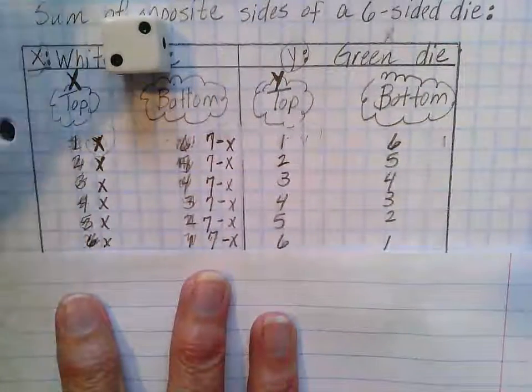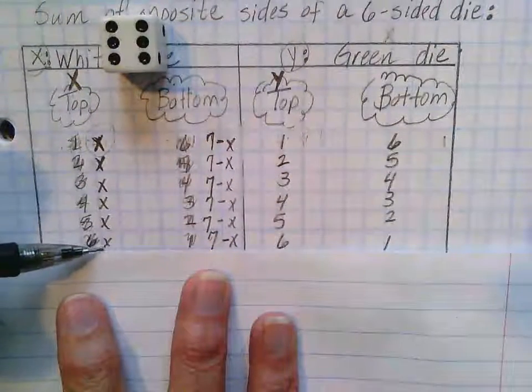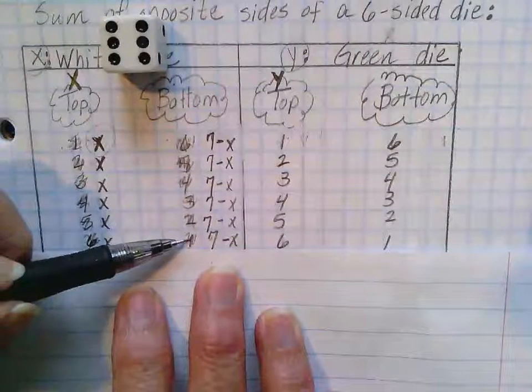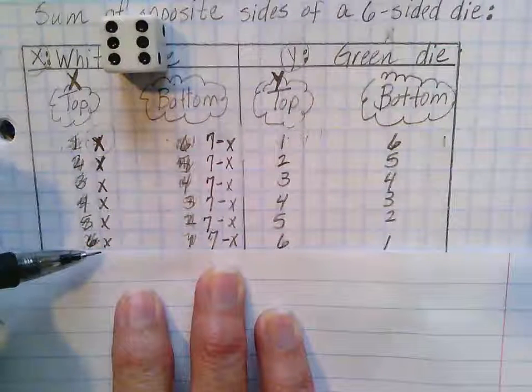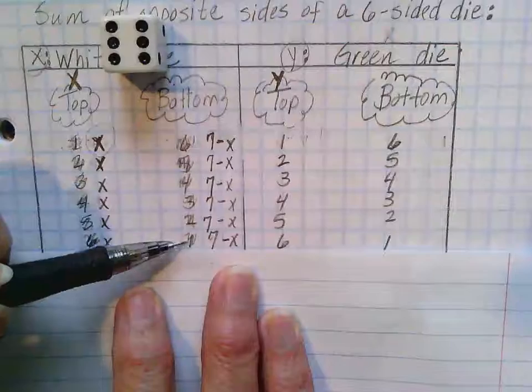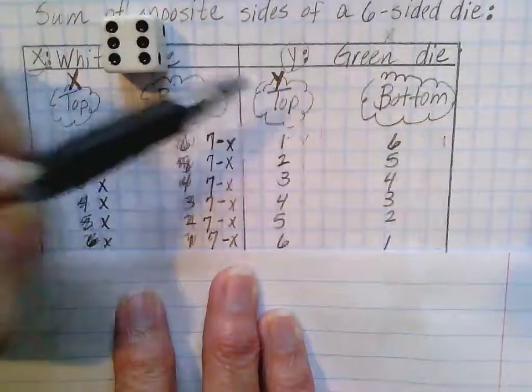If 6 is on top and I let X be 6, then over here I could find this answer by taking 7 minus my X value, which is 6, and that would give me 1. The same thing is going to be true over here, except we're going to use a different variable.